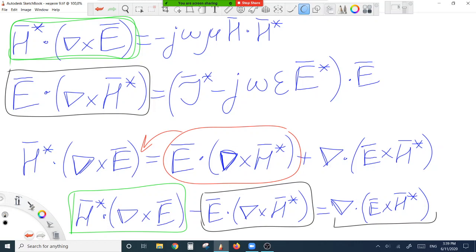Or if we subtract from the first expression the second expression, we will get this answer, and we may apply it.